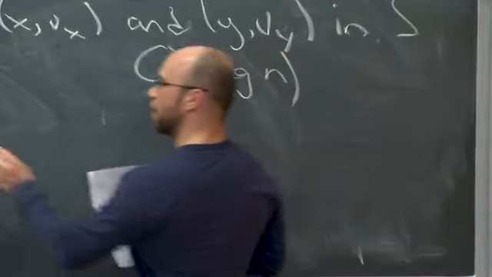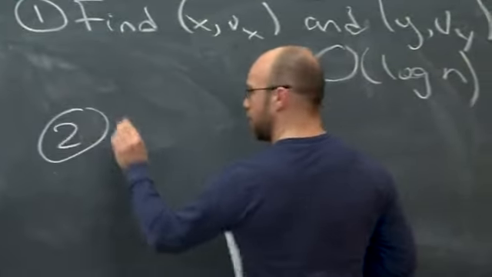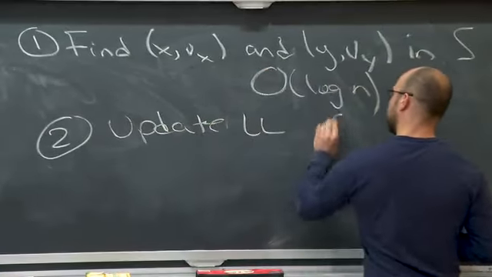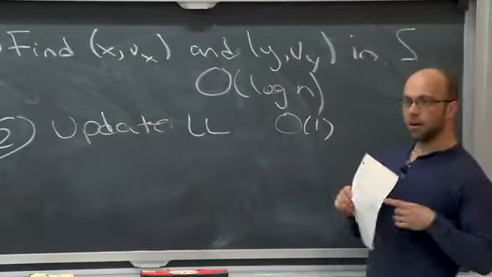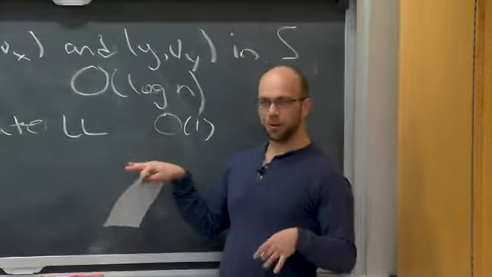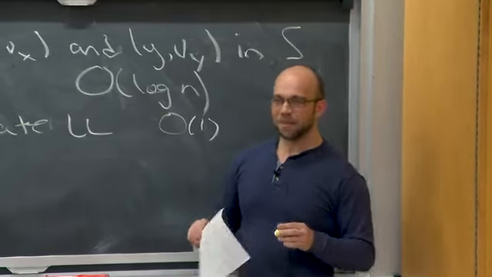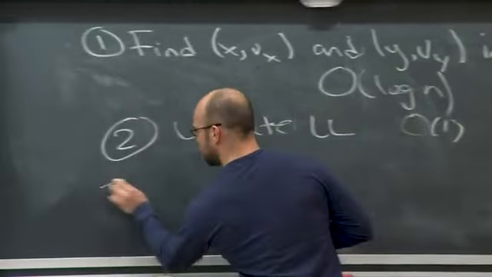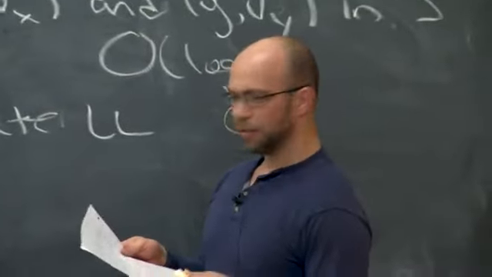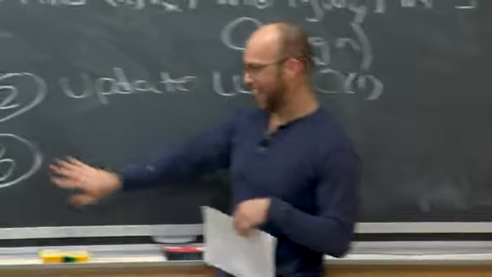Okay? So that is what we're going to do next: update the linked list, and that takes order 1 time. On your homework, if you're writing out your answer, you should have an answer closer to what I've written on my page than the 2 words that I've written on the board here. And then finally, in step 3, well, actually, there is no step 3 the way I've written it here. Sorry.